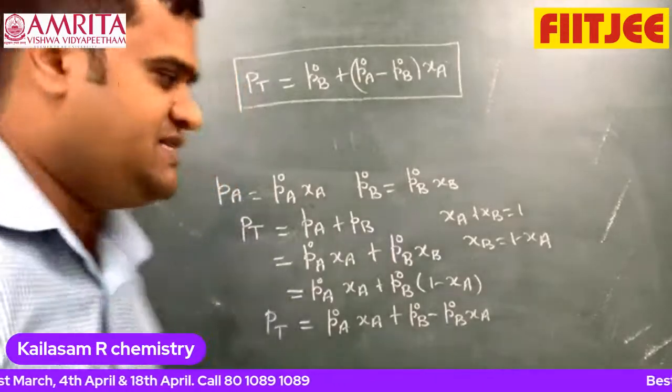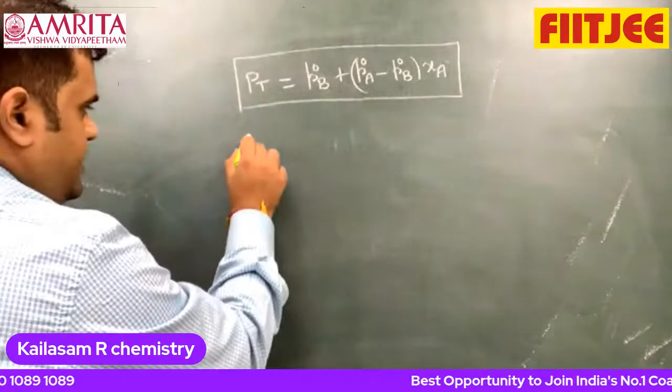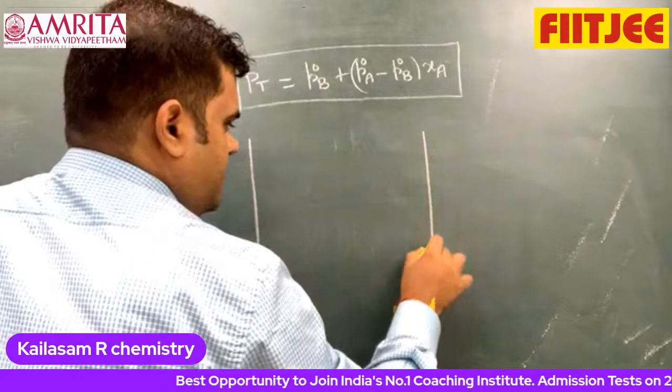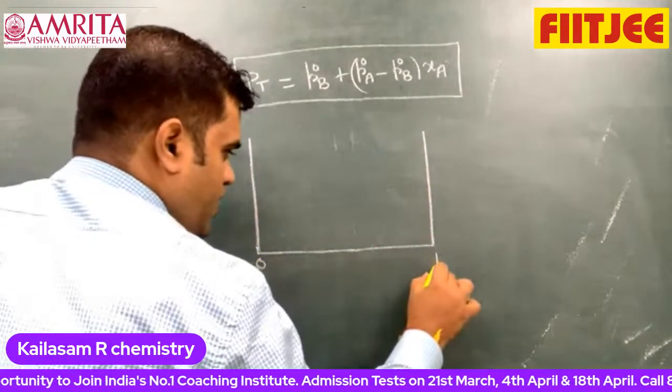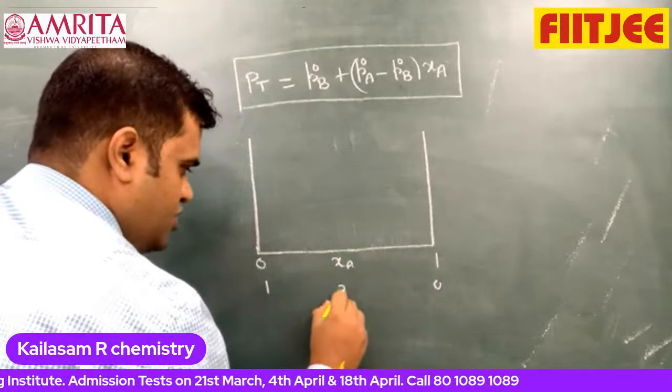Now what does the graph say? Look at this. I can take XA from 0 to 1, and XB from 0 to 1.